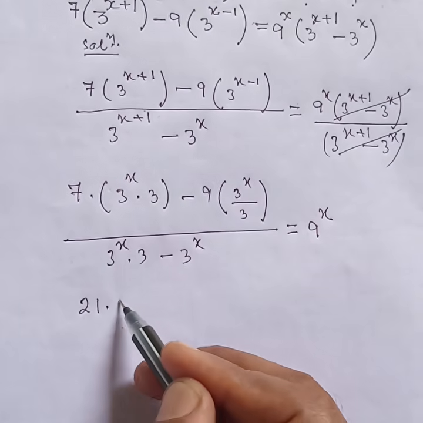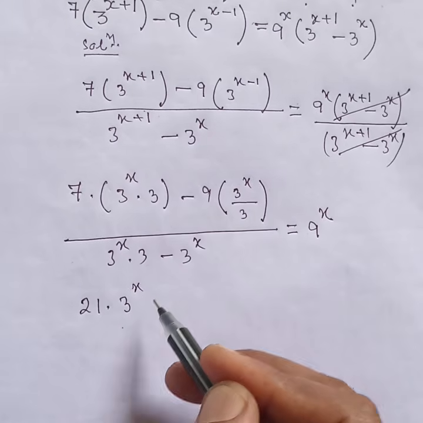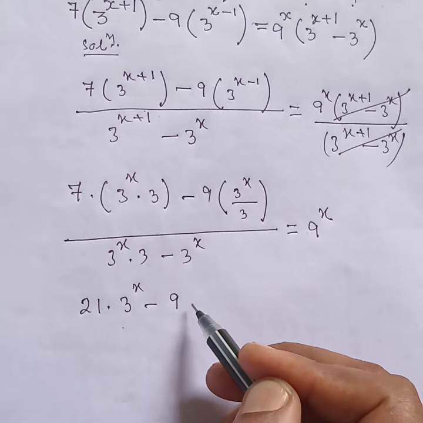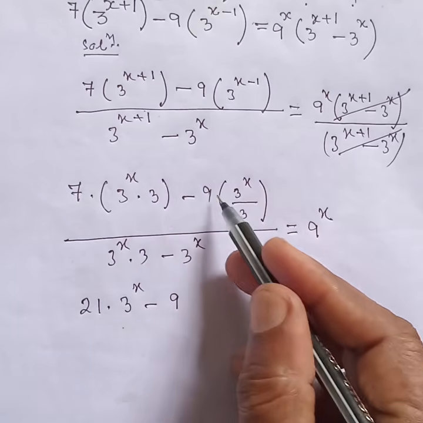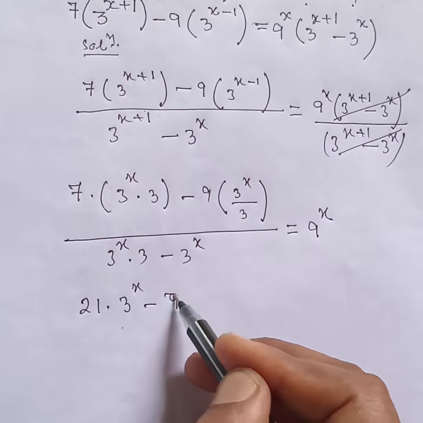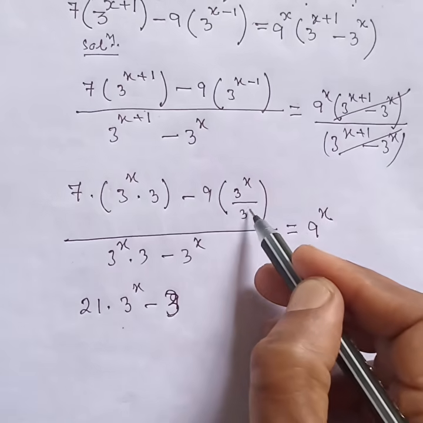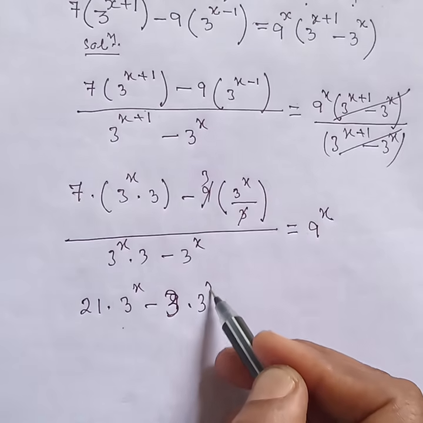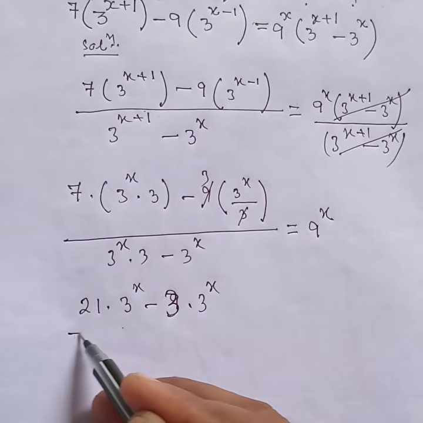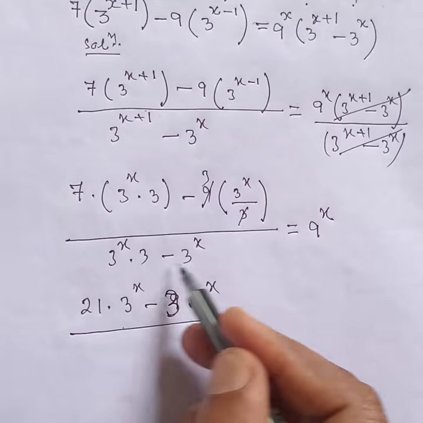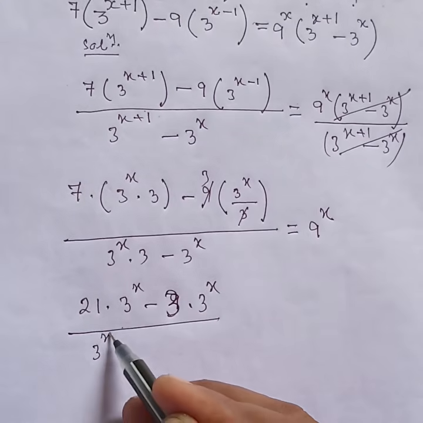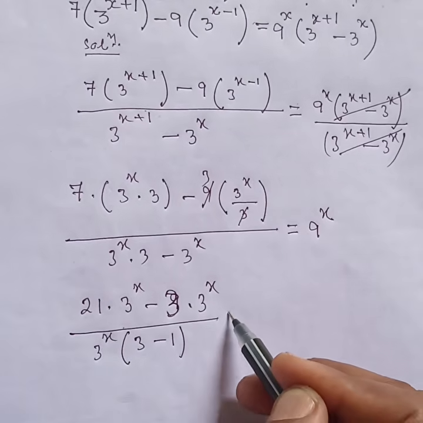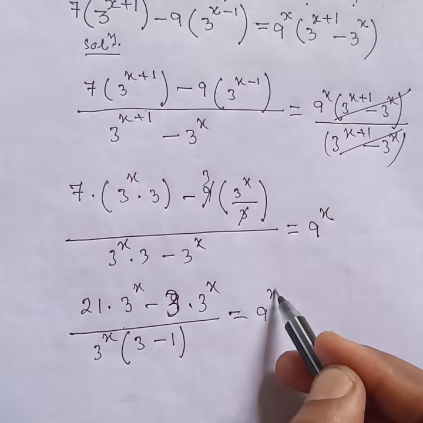times 3 to the power x minus 9 times, 9 by 3 is 3, 3 into 3 to the power x, divided by, here 3 to the power x is common, then it will be 3 minus 1, is equal to 9 to the power x.